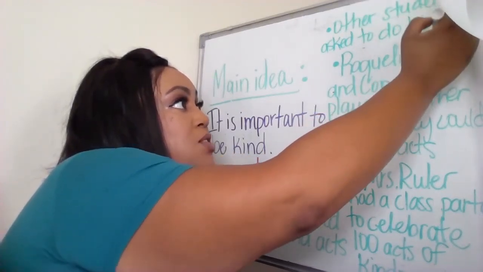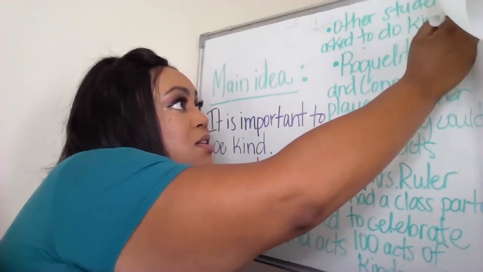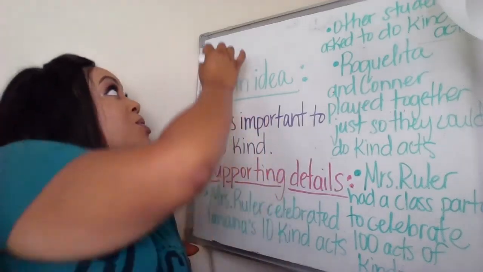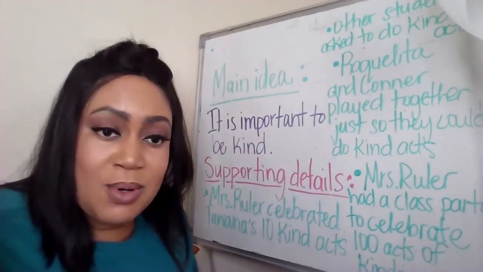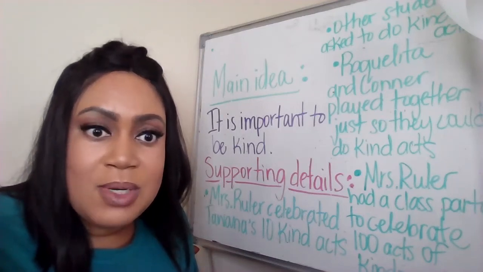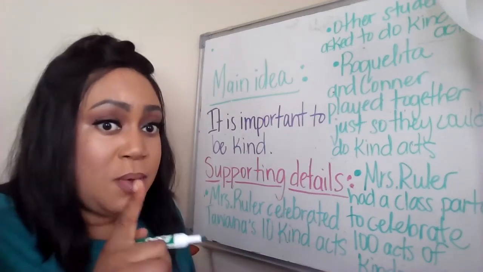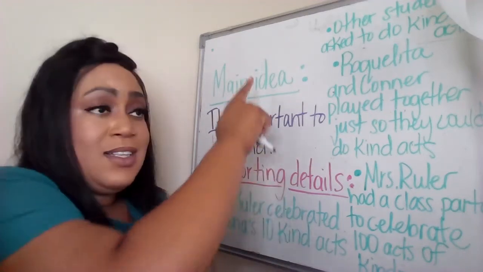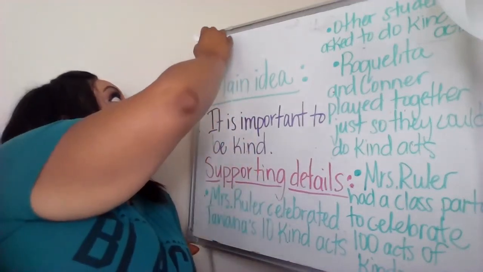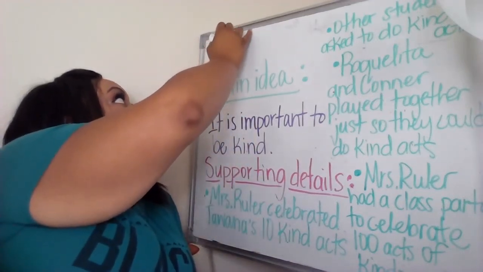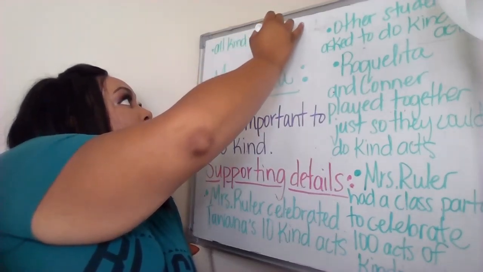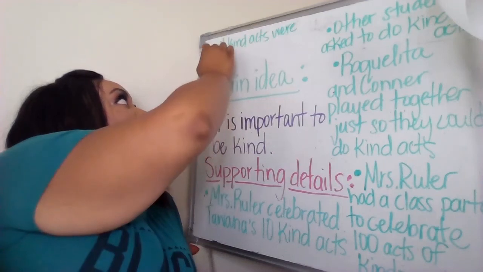Other students asked to do kind acts. And there's another one that I think is also important. I promise you, this will be my last supporting detail. But what about that bulletin board? Remember, Mrs. Ruler made a bulletin board where she displayed everyone's acts of kindness. It's a detail that shows and supports the main idea that being kind is important. So all kind acts were written on the board.